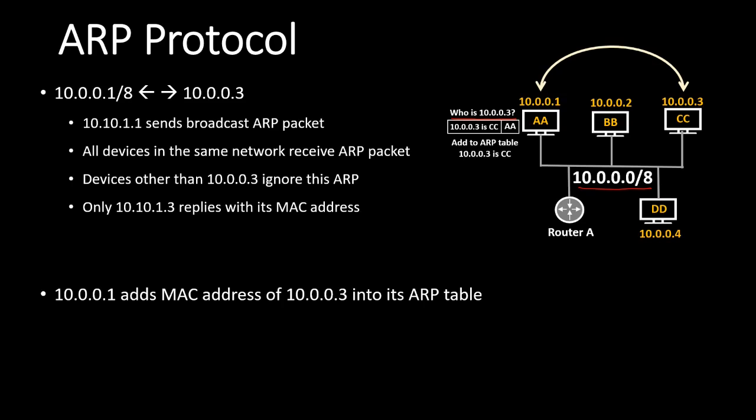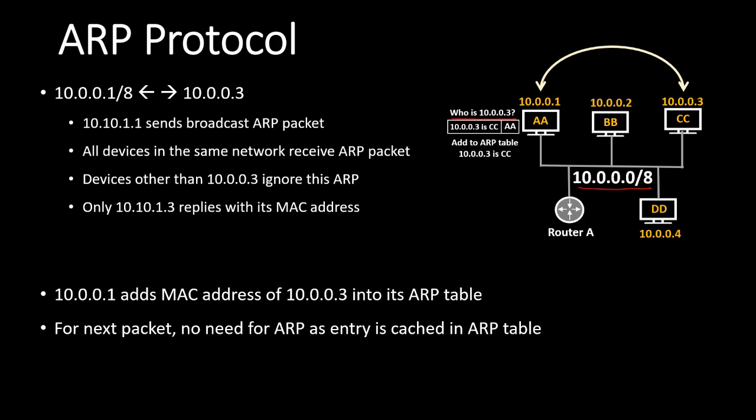Every device in the network has an ARP table that maps different IP addresses to MAC addresses. So when device A sends the next packet to CC, it doesn't need to send an ARP packet. An ARP packet is sent once per session, and it is added to the ARP table to avoid sending multiple ARP packets for the same communication channel.